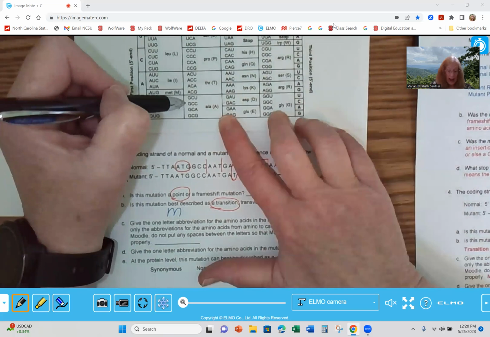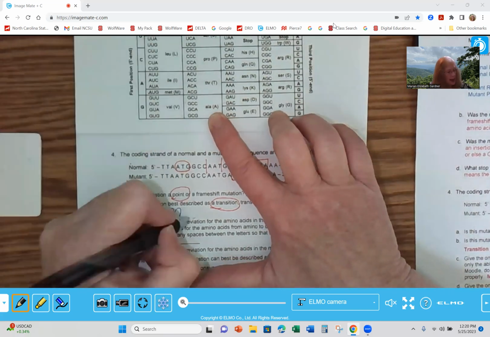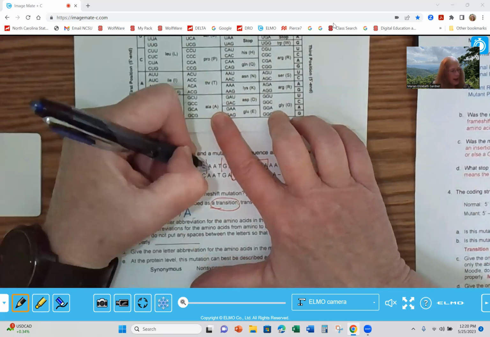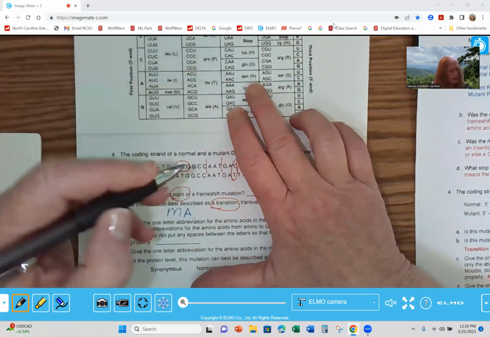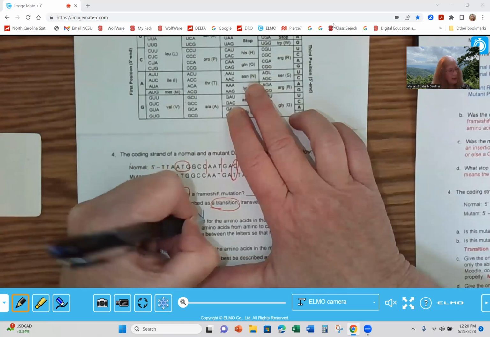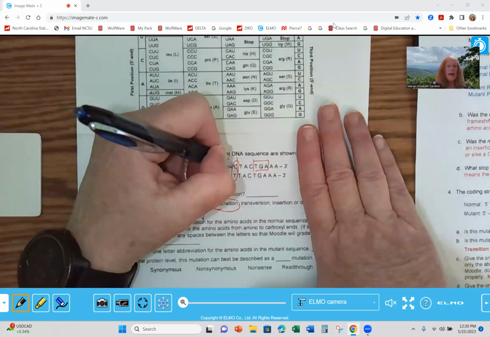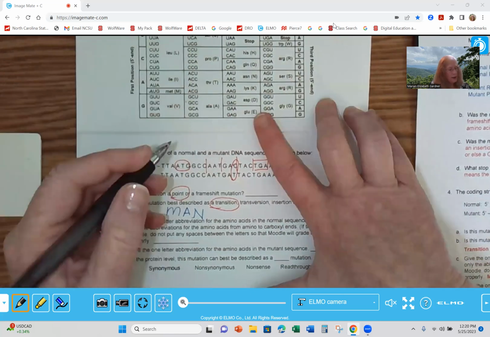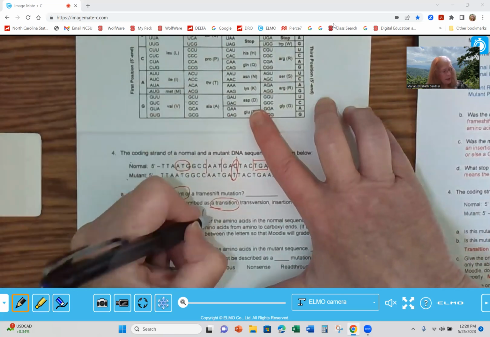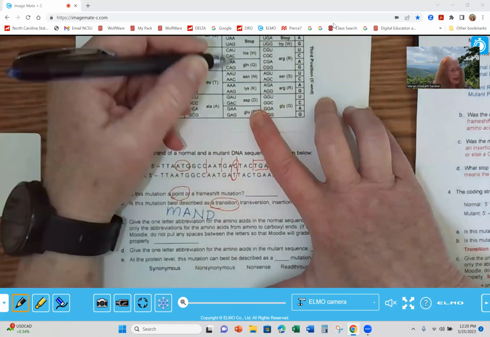GCC codes for alanine. So that's going to be an A. AAU codes for asparagine, that's an N. GAC codes for aspartic acid, so that's D.